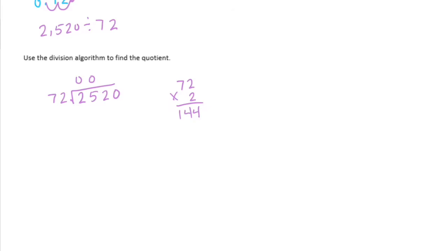Oh, sorry, I was thinking 150. It can go in more times. So 144 can probably go in another time, maybe 2 more times. 216, so it could only go in 3 times, and we get 216. Need to borrow. 12 minus 6 is 6. 4 minus 1 is 3. Bring down the 0. So 72 can go into 360. Let's try 5 times.